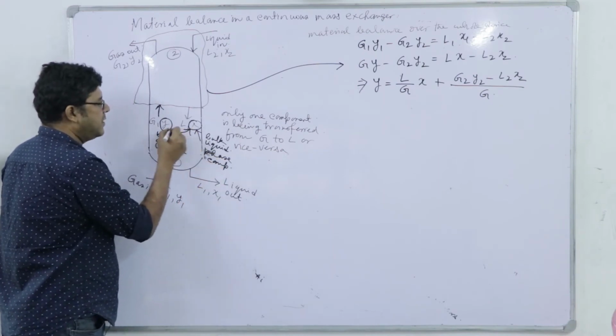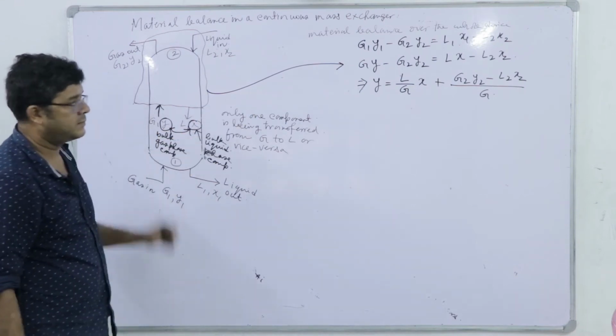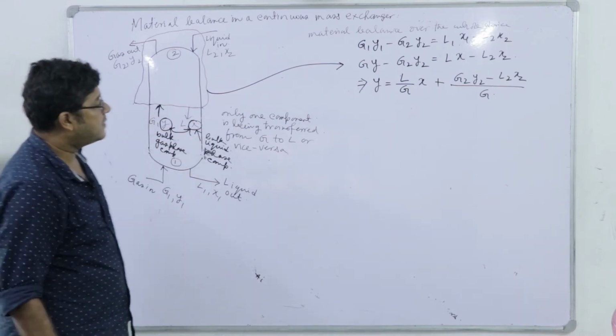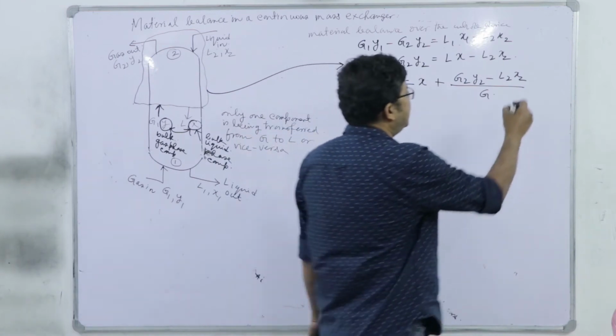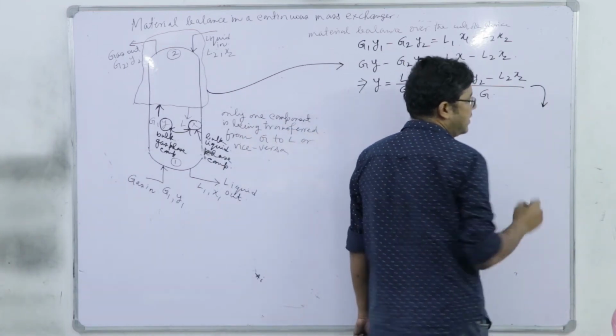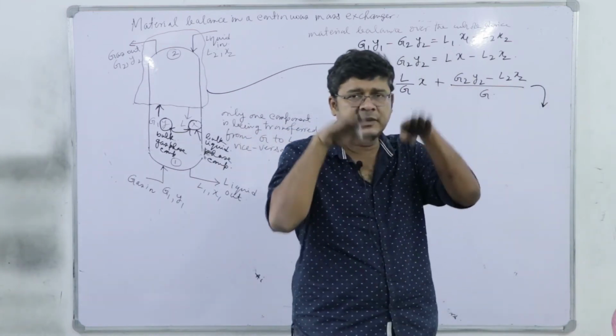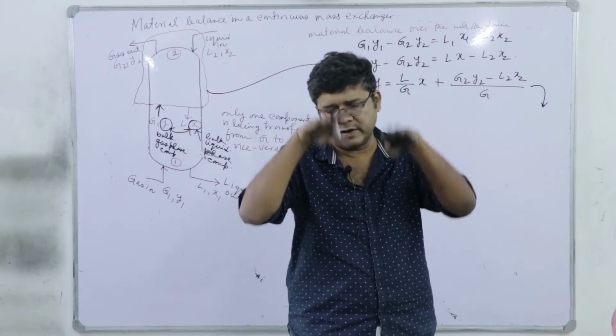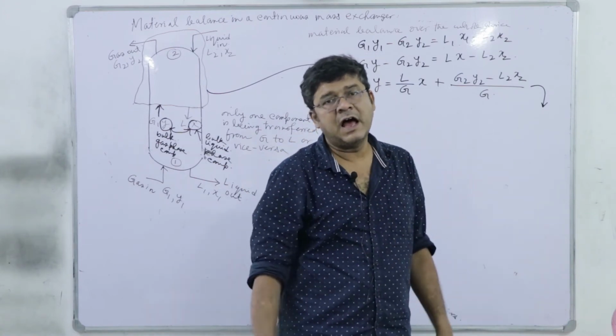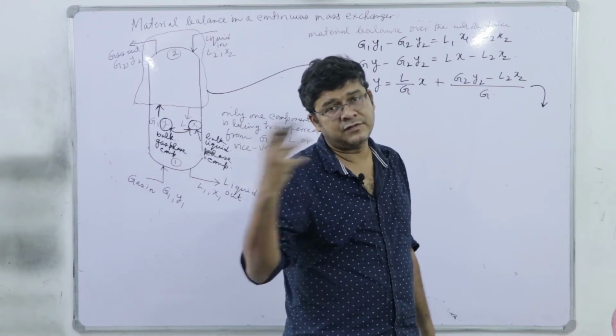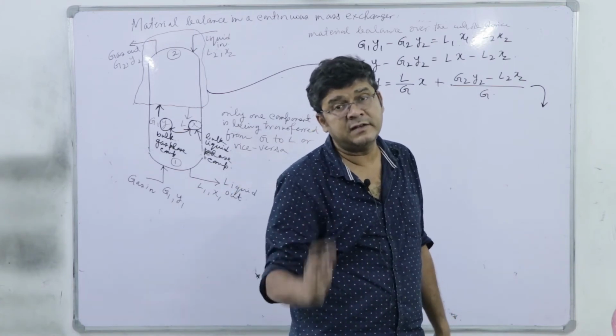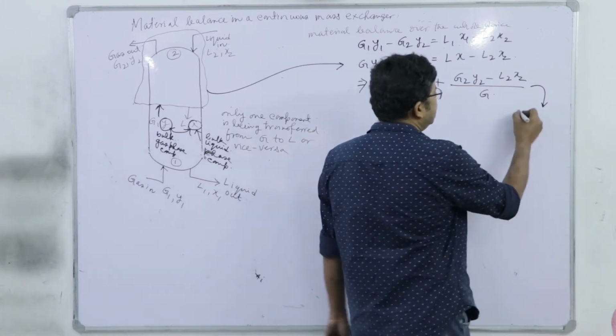These two are being related through this equation. And that is the equation of the operating line: how the concentration of the gas at any sectional point between these two countercurrent streams is related to that of the liquid, and this is the operating line equation.